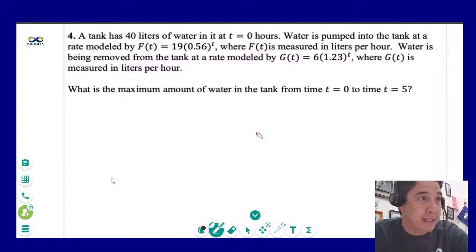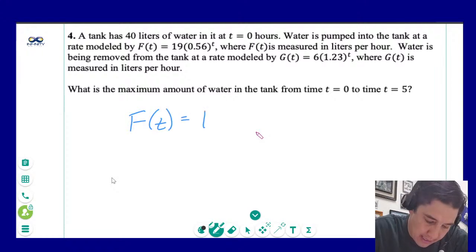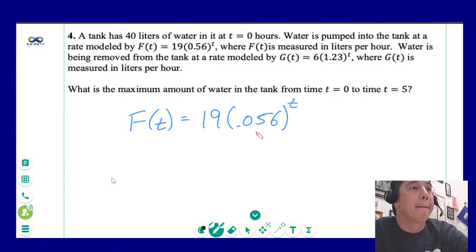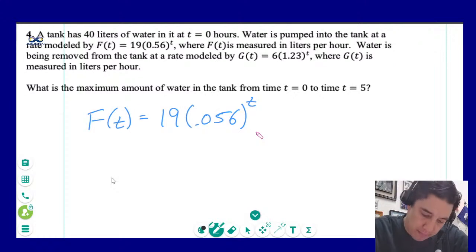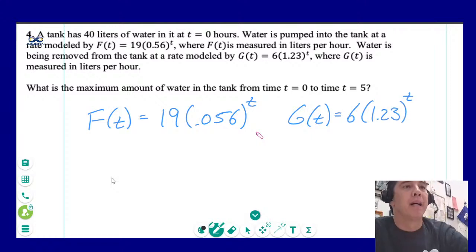Water is being pumped into the tank where f of t is equal to 19 times 0.056^t. And water is being removed from the tank, g of t, removal, is equal to 6 times 1.23^t.